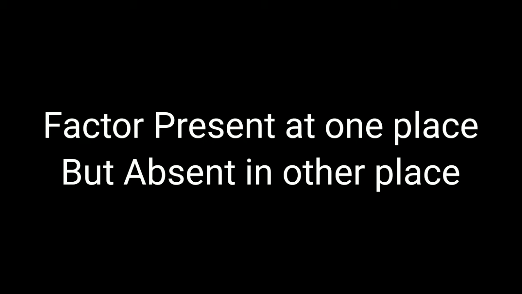To explain it, if a disease is present in higher frequency at one place and the factor is also present at that place, then we can say that this factor is most commonly the cause of that disease. Similarly, at another place, if the factor is absent and the disease is also absent, then we can say that this was the factor which is the causal agent and caused the disease.